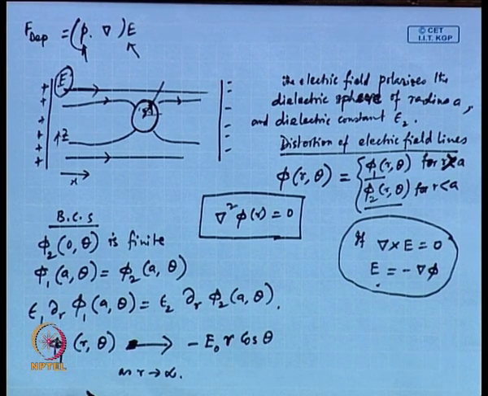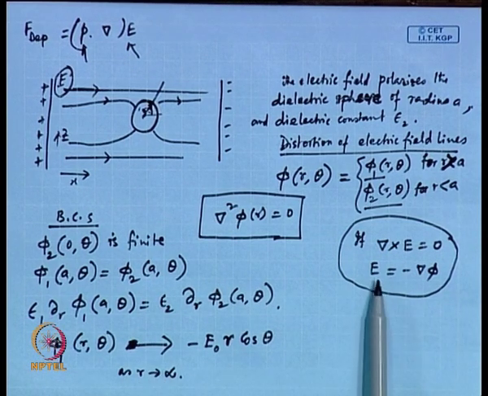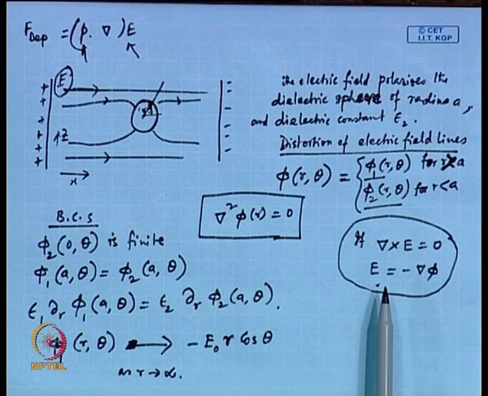That means, what is E? E is basically minus del phi del r, all right.